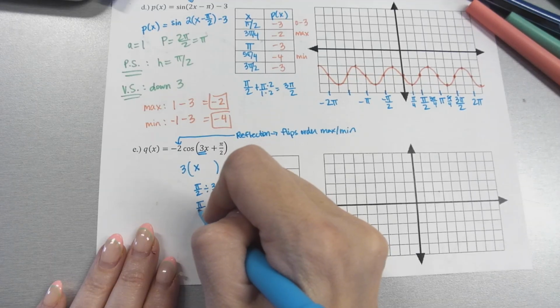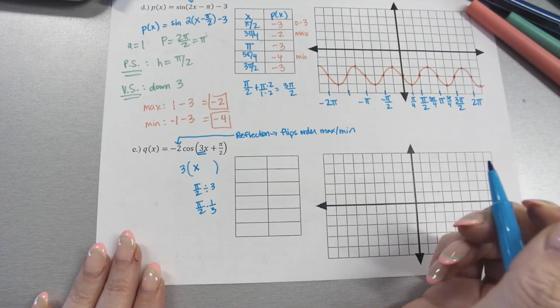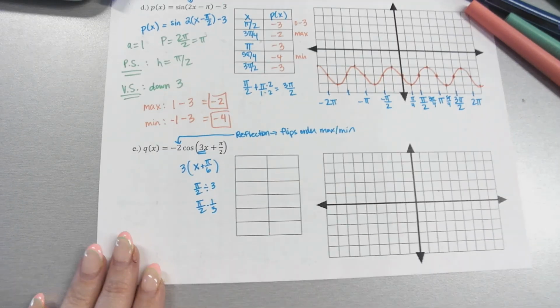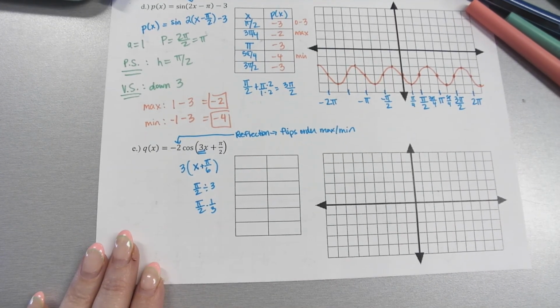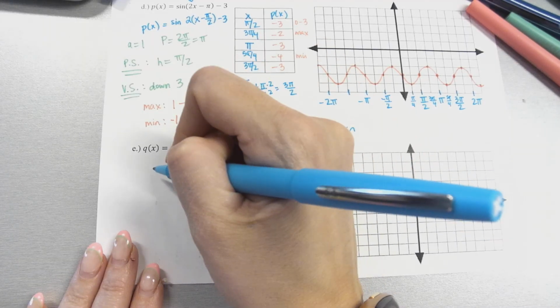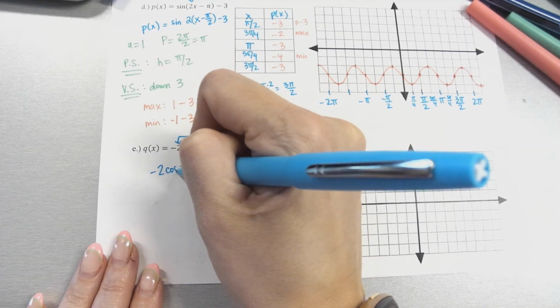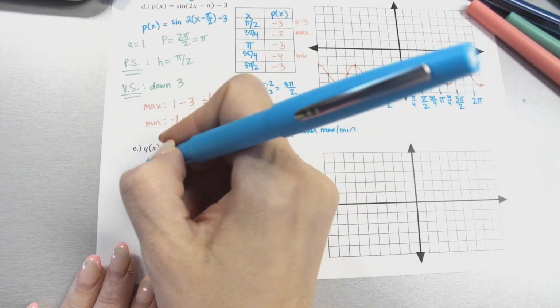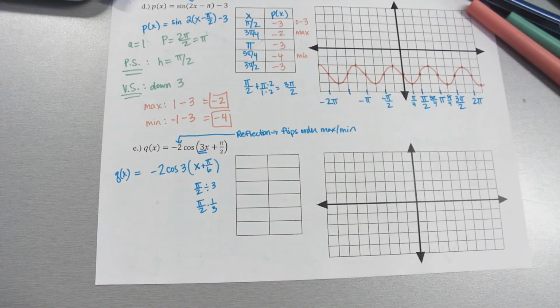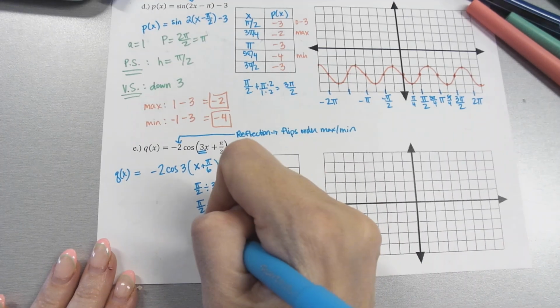So what's pi over 2 times 1/3? Pi over 6. So this is just plus pi over 6. So you have negative 2 cosine.